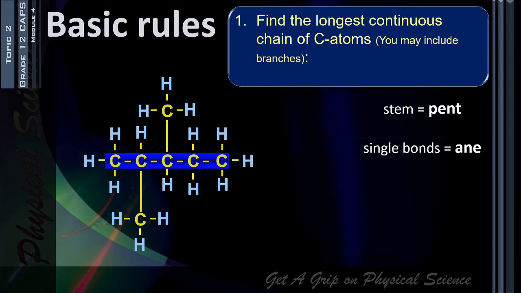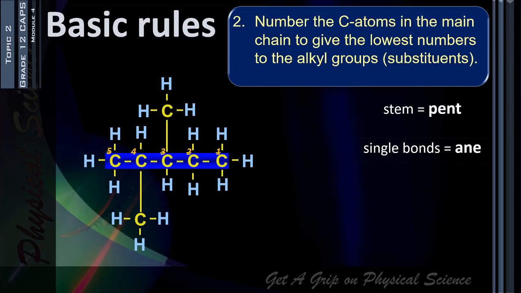The second rule: number the carbon atoms in the main chain to give the lowest numbers to the alkyl groups or the substituents. So we can agree that there are 5 carbons in the longest chain, and one way of numbering these carbons would be to start on the right hand side and follow through to the left. So it's 1, 2, 3, 4 and 5.